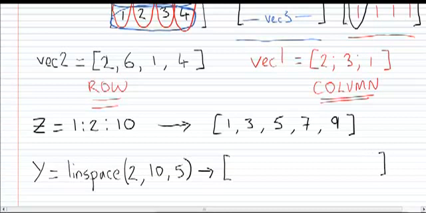So this would start at 2 and step up 2, 4, 6, 8, 10, because we can split that gap between 2 and 10 into 5 linearly spaced numbers, which would just run 2, 4, 6, 8, 10.